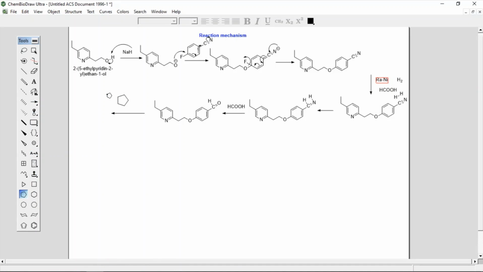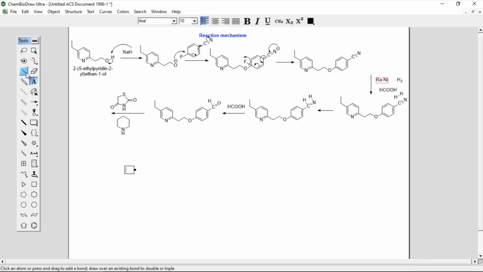The structure of that thiazolidinedione has sulfur, nitrogen, double bond, and oxygen, NH. So this is the structure of piperidine. Now this will react with this thiazolidinedione.